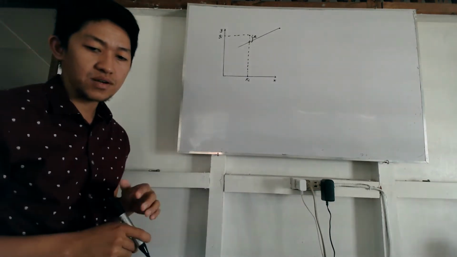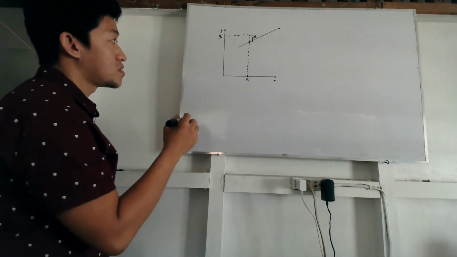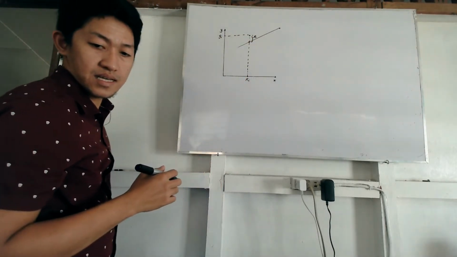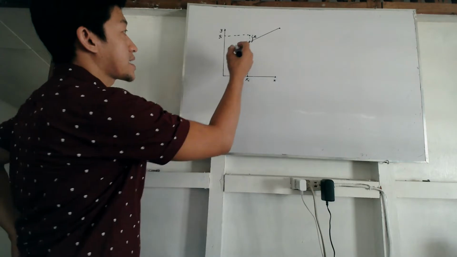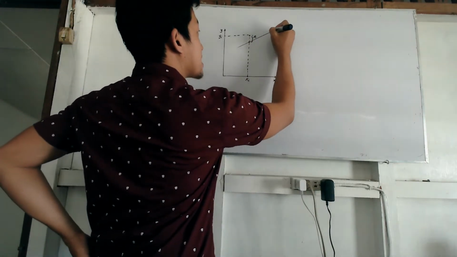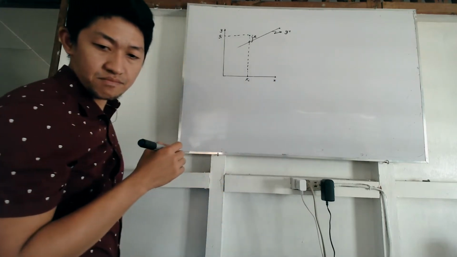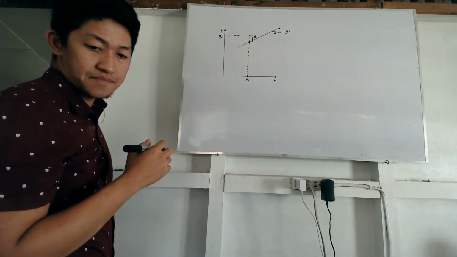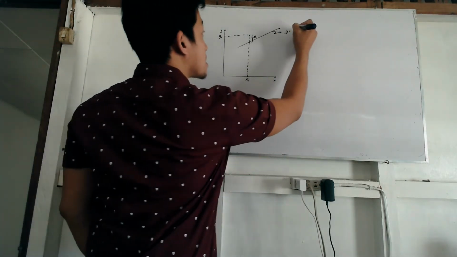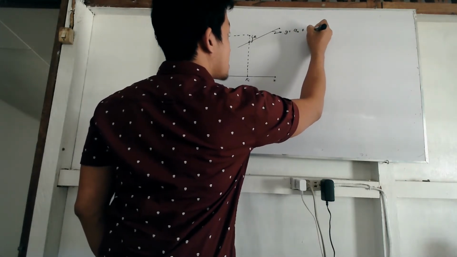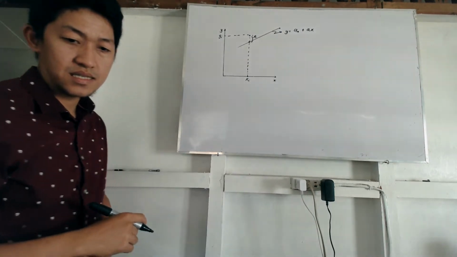Mo na error nato. So kani unsa man ni siya nga point kani. Butang ta lang kani nga equation, ang equation na y is equal to equation sa line AO plus A1x, no?